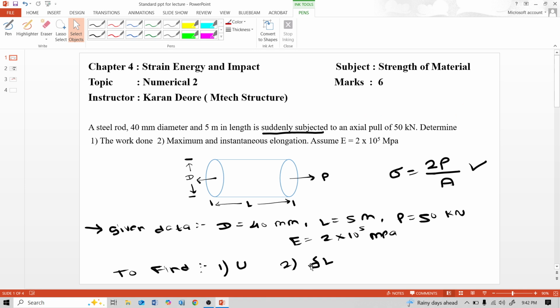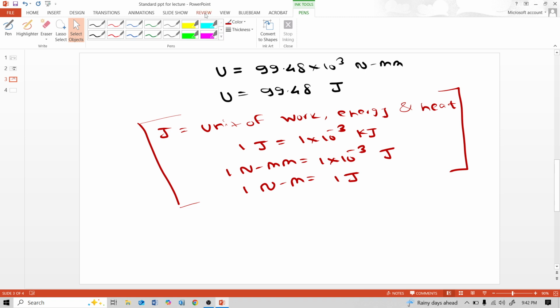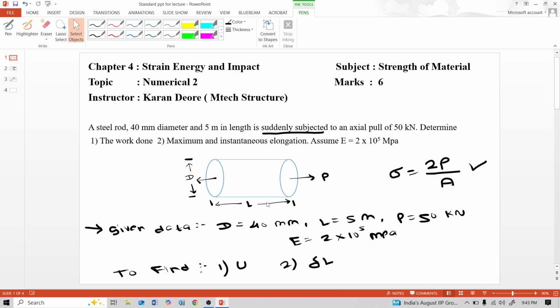And our second solving step is delta L, the elongation.